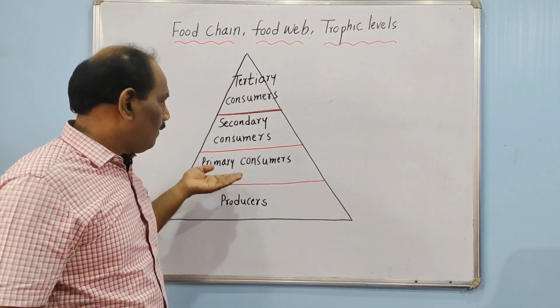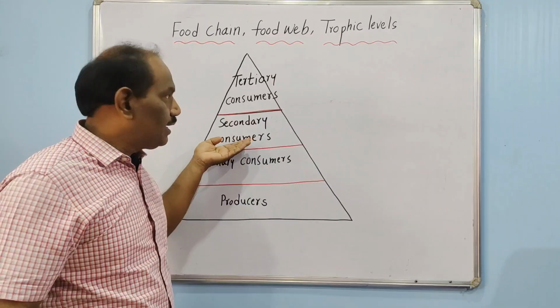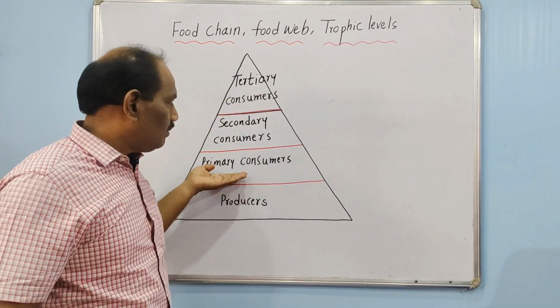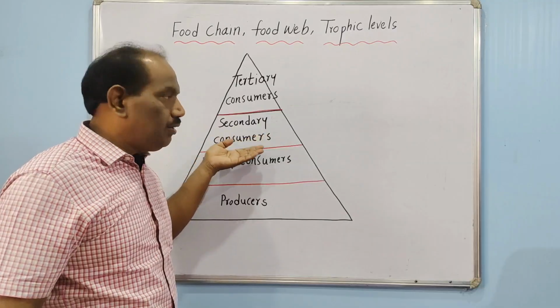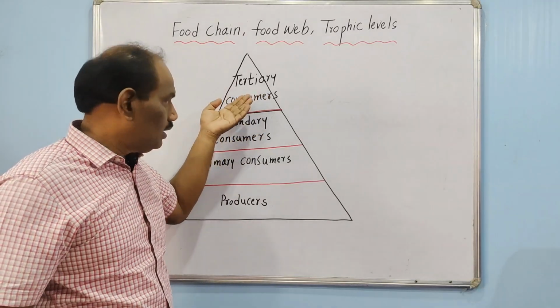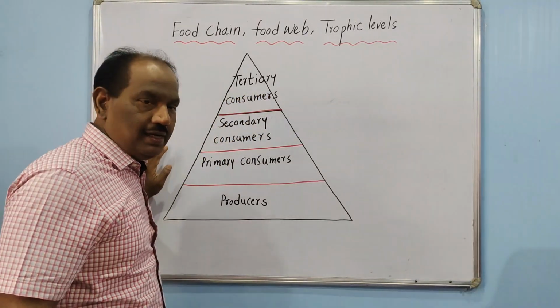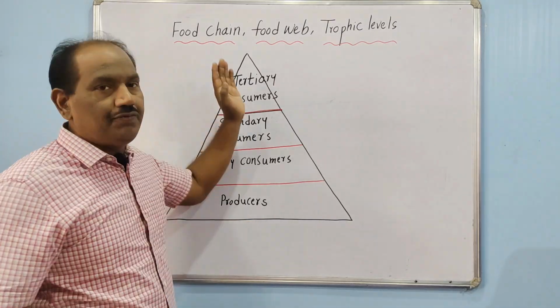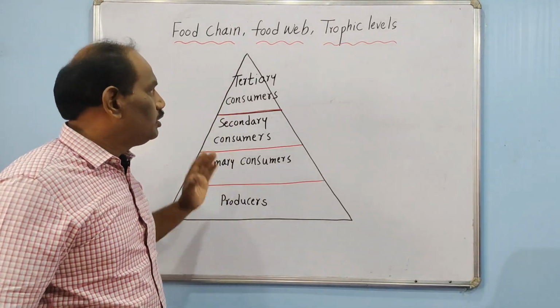So producers, primary consumers, secondary consumers, tertiary consumers. Each step or level of the food chain is called the trophic level.